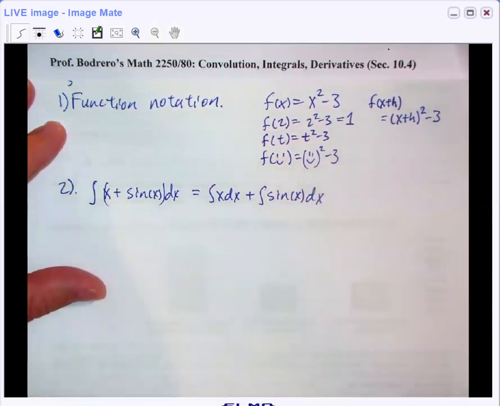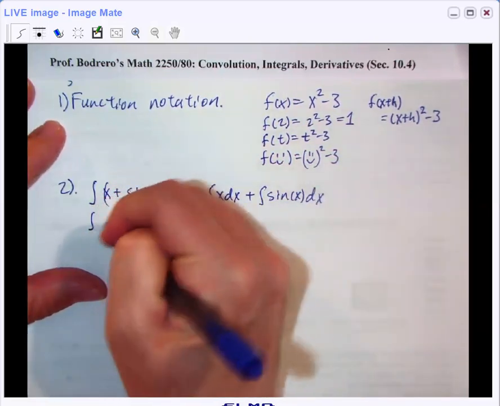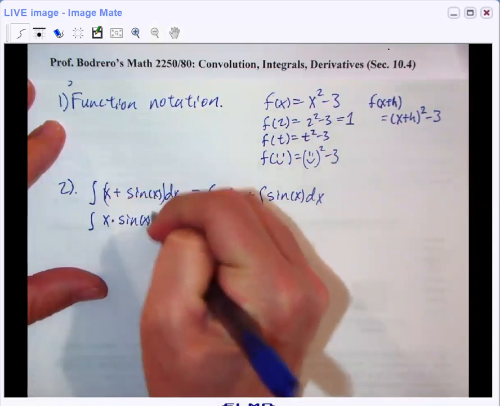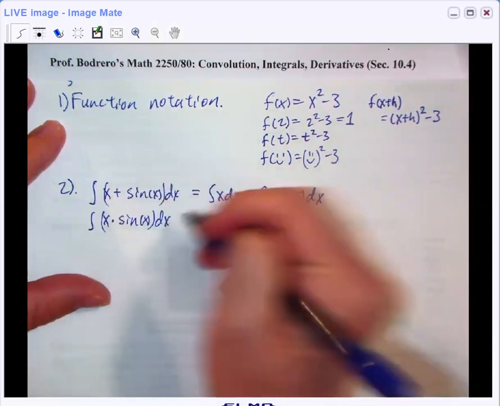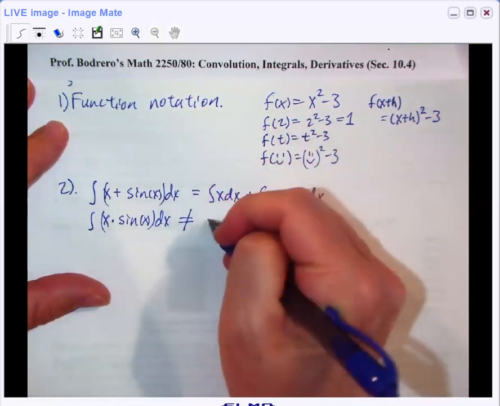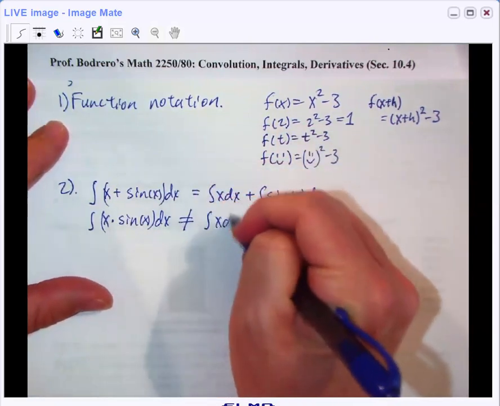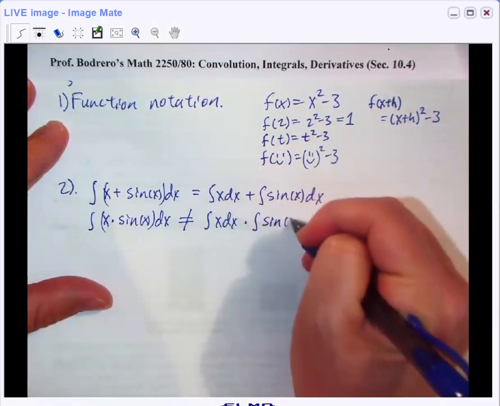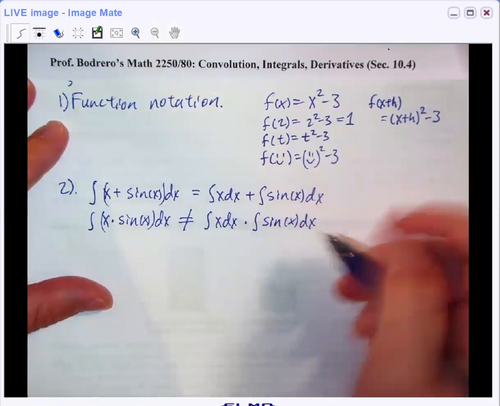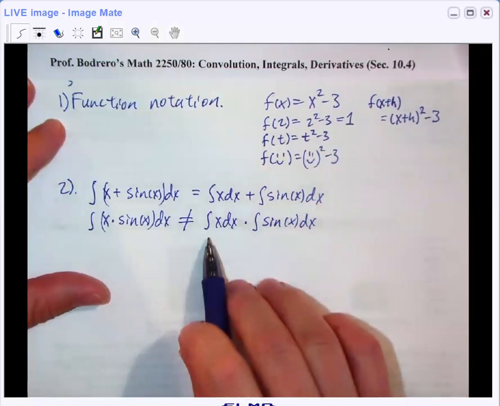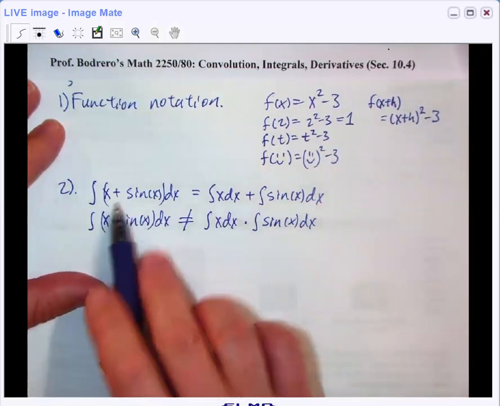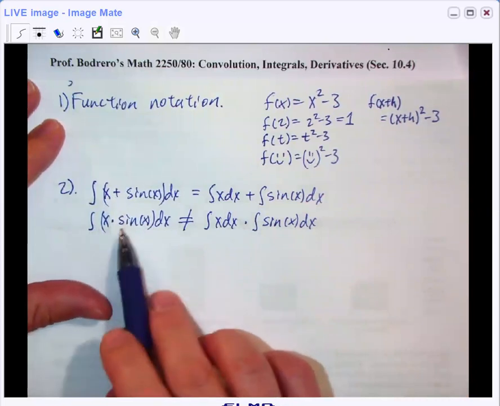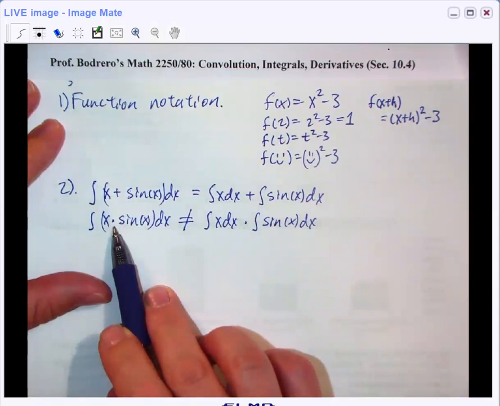But something to note is if I do the integral of x times sine of x dx, this is not equal to the integral of x dx times the integral of sine of x dx. That is not true. They're linear, so they will respect constant multiples and addition and subtraction, but integrals do not split up over multiplies.